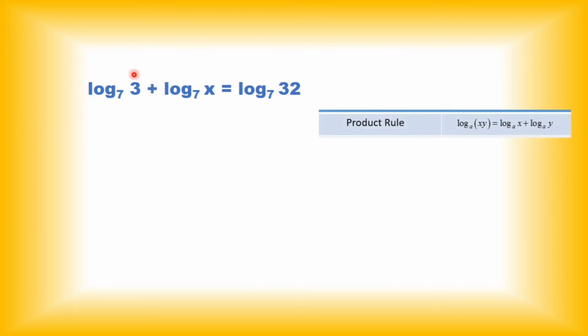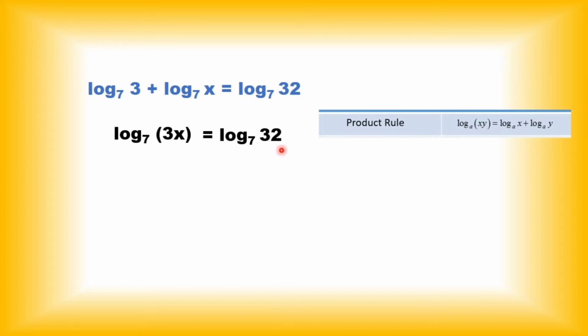Dahil meron siyang sum of two logs. The product rule says the sum of the logs is the log of the product. So, i-multiply natin yung 3 and x. Gagawin natin siyang single log, so it becomes log base 7 of 3 times x is equal to log base 7 of 32.